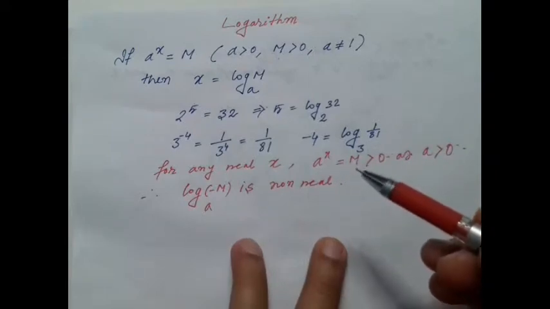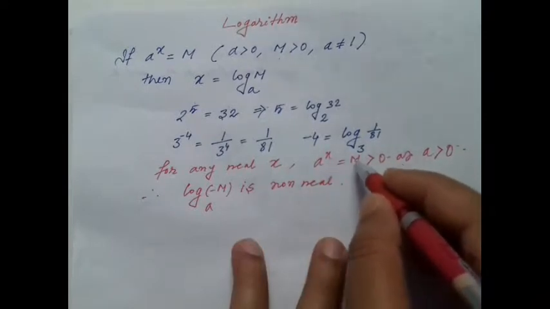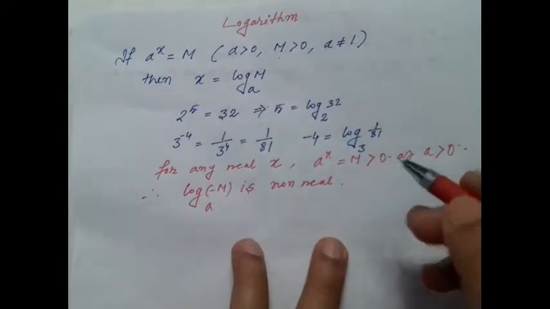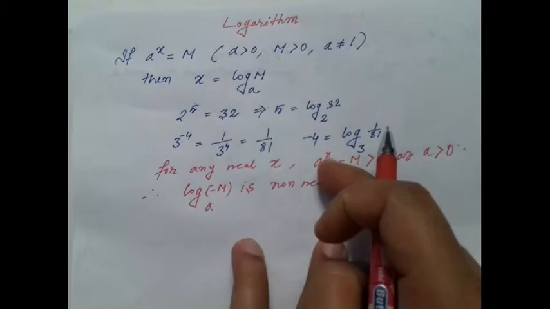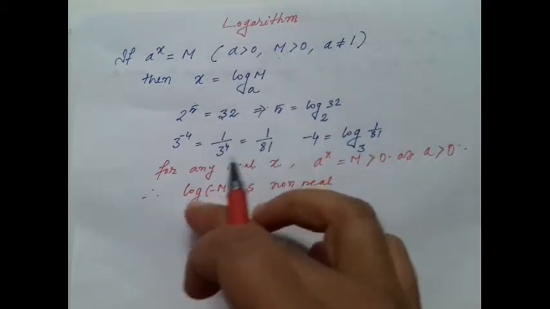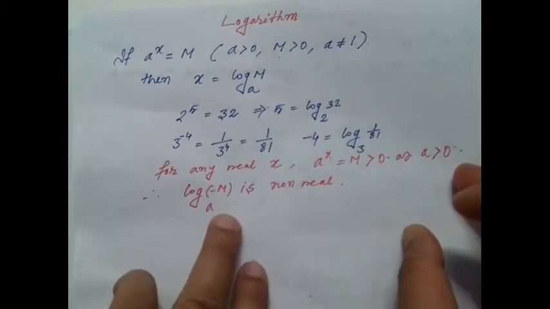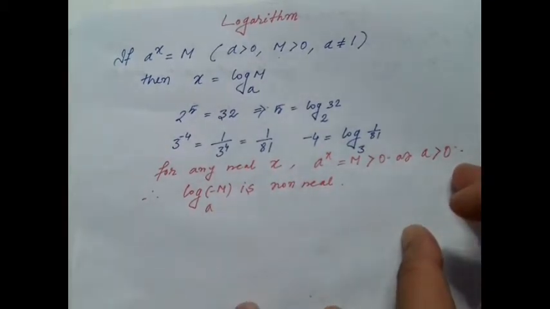We will not get any x for which a to the power x equals m less than 0, therefore x should be imaginary to get the value of log of minus m to the base a. So log of minus m to the base a is non-real.